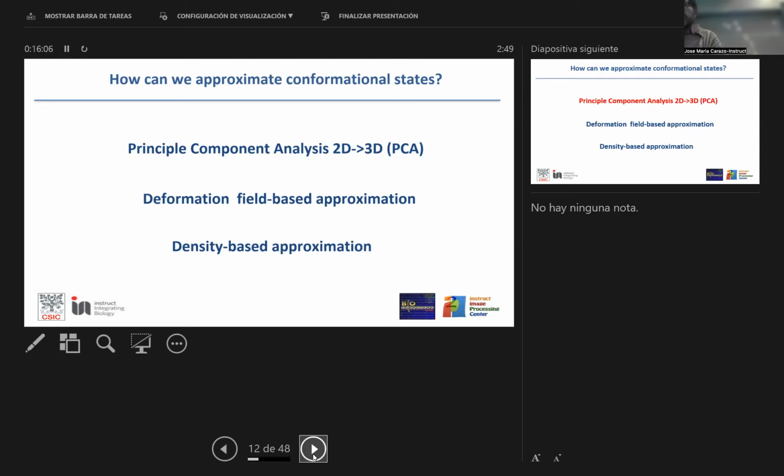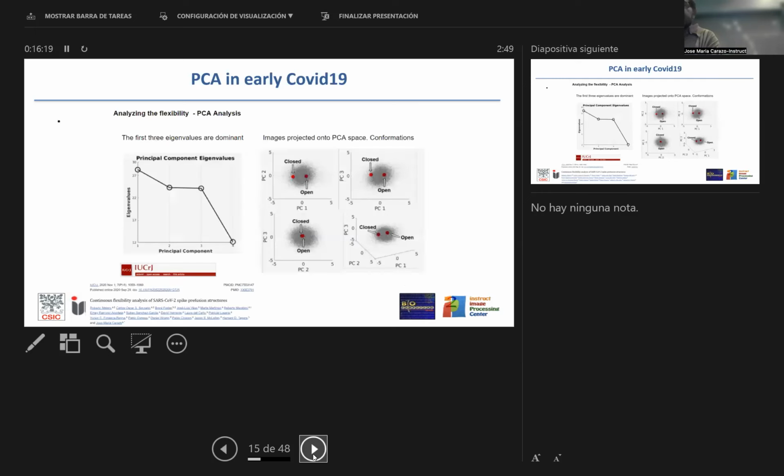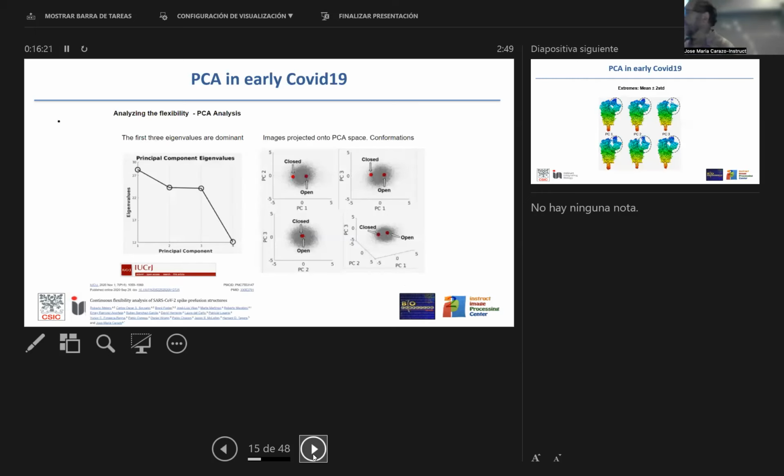The first approach we did was principal component analysis, a linear approach. We used this data set of Jason McClellan, and we got the 3D principal component analysis out of the 2D images.